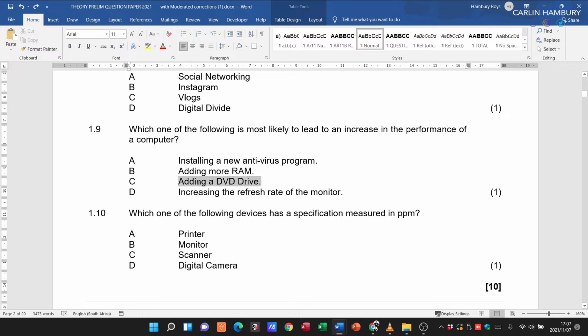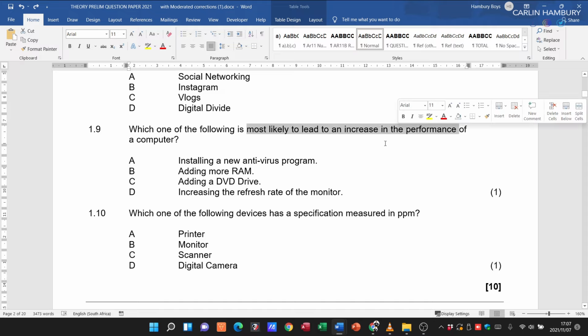Adding a DVD drive, or what we would call an optical drive, again, guys, got nothing to do with that. Installing an antivirus program, well, in some cases, the antivirus can even slow the PC down. So the most likely option that will lead to an increase in the performance of a computer is RAM.